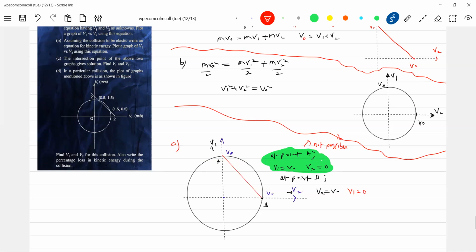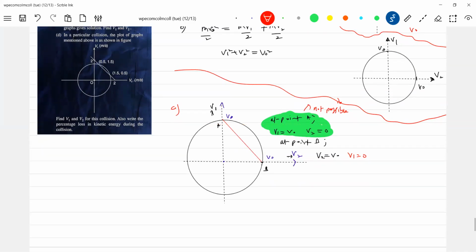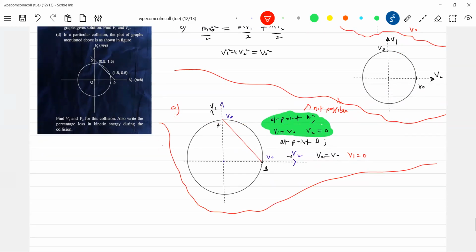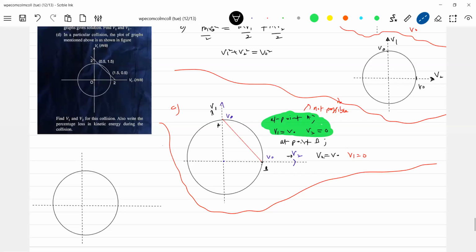So now let's come to the graph D, the red color line.